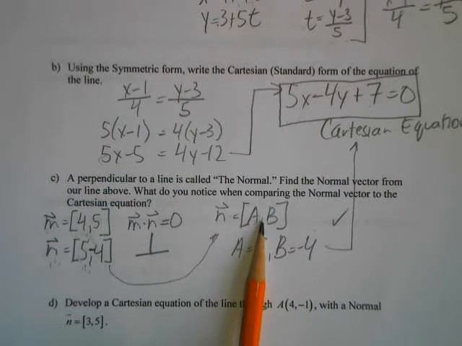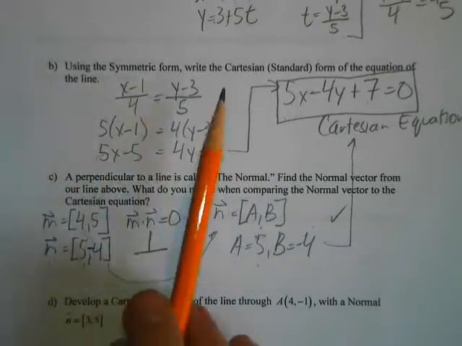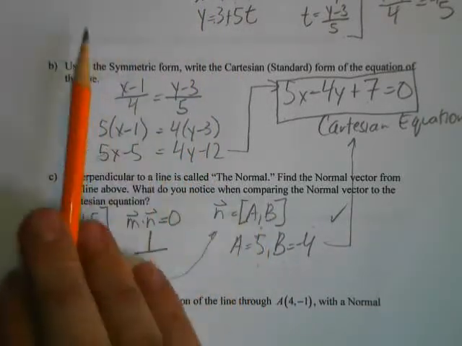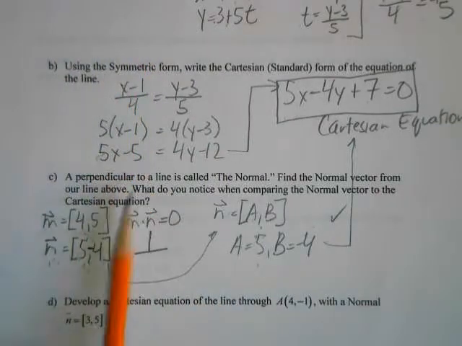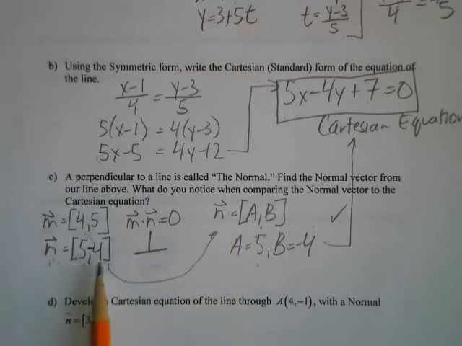So that's going to be the quicker way of getting a Cartesian equation. It shouldn't be too hard to find a direction vector from the original line in vector equation form. Use that direction vector, flip it around, make one of the components the opposite sign. That gives you the normal.